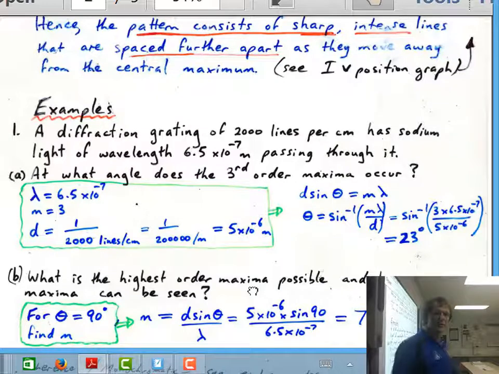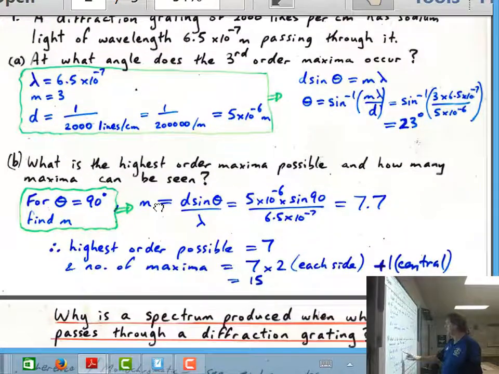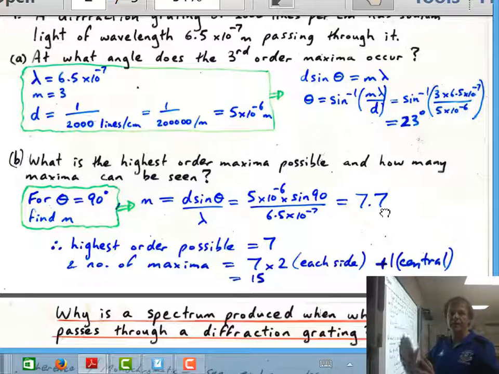So if you put theta equals 90 in there, the sine of 90 is 1, and you should be able to put your other values in and work out the total maximum you can get. Here it turns out to be 7.7, which means your highest order is 7, which means you're going to get 7 on each side and 1 in the middle. You could theoretically get 15 maxima there if they're bright enough to see.